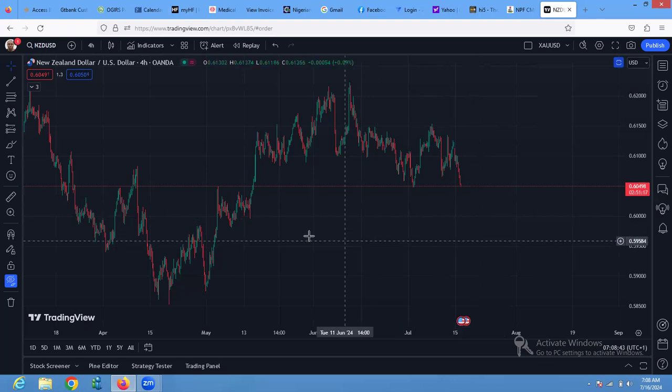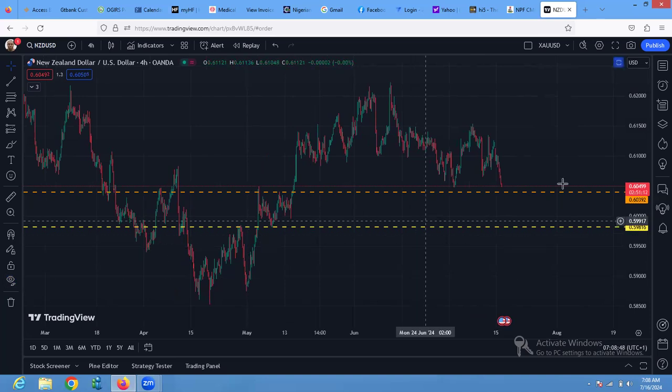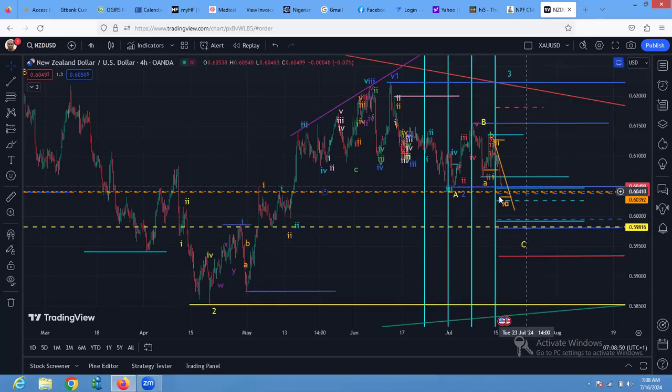58. If I bring out the drawing for us to see, let me bring out a drawing. So this is the area of 50, and this is the area of 61.8 around this area. 61.8 is actually testing this support here.